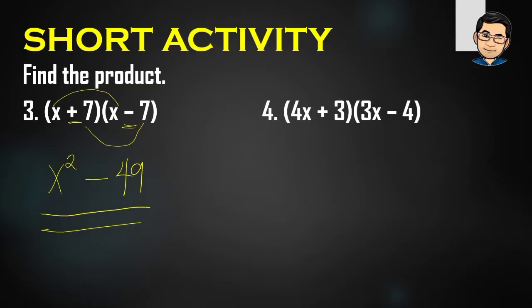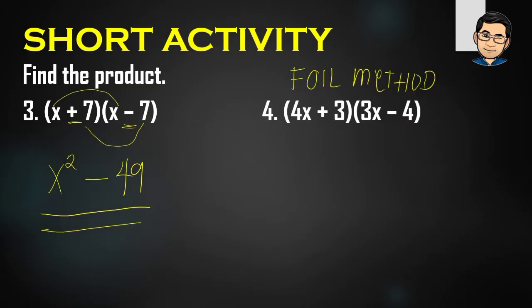Next, for number 4, if you are familiar with FOIL method, okay, i-apply natin yung FOIL method. When you say FOIL method, we have F stands for first, O stands for outer, I stands for inner, and then L stands for last.